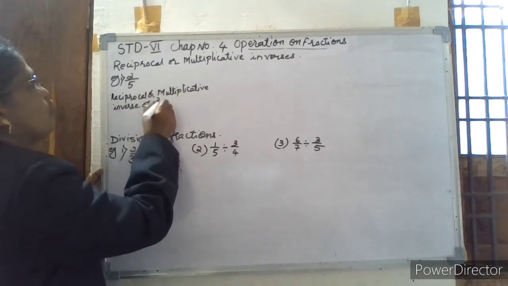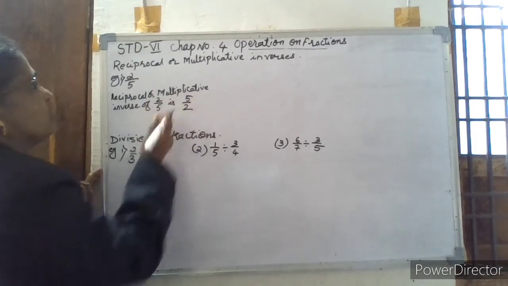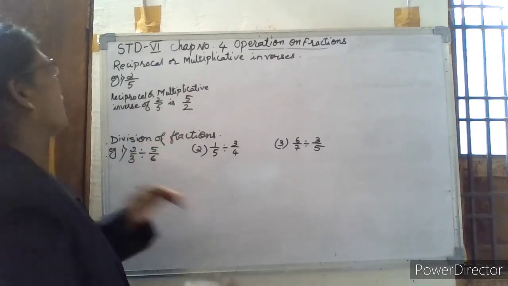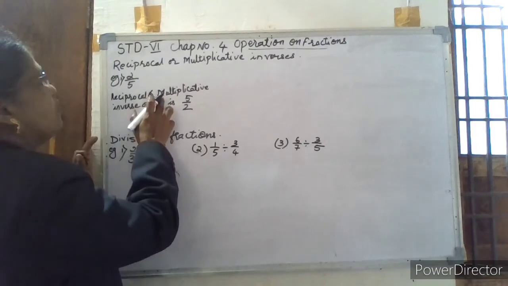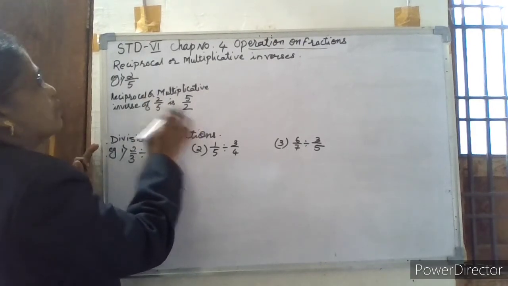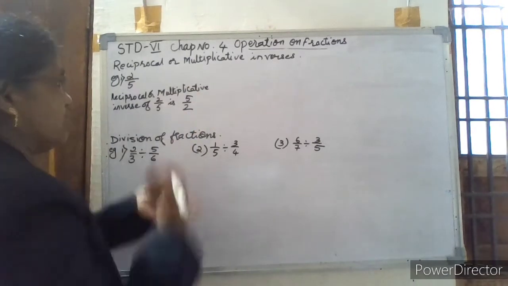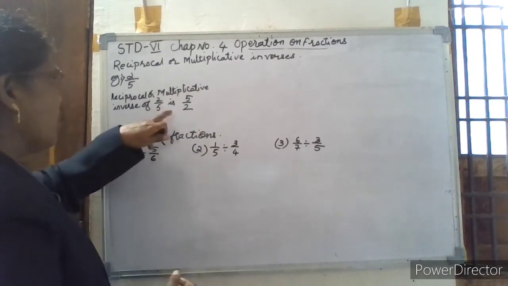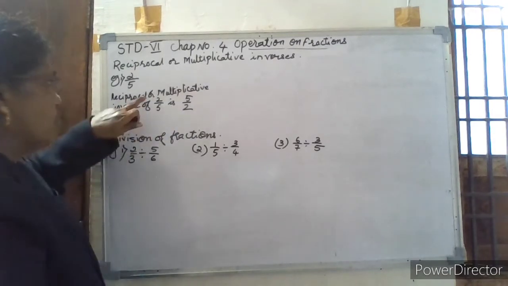You just have to make it upside down. 2 is the numerator, now it becomes the denominator. 5 is the denominator and it became the numerator, just the opposite. So the reciprocal or the multiplicative inverse of 2/5 is 5/2. One example only is enough, it's very easy.